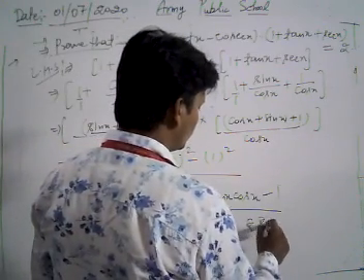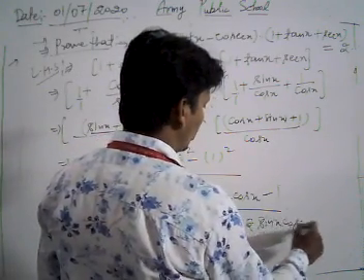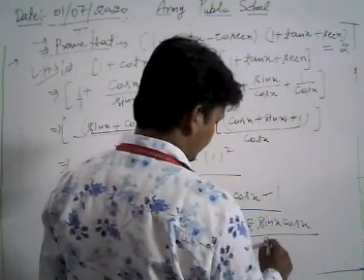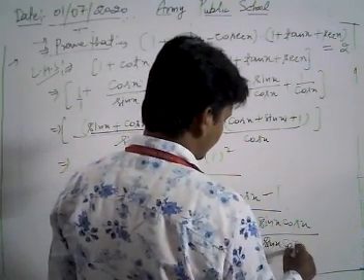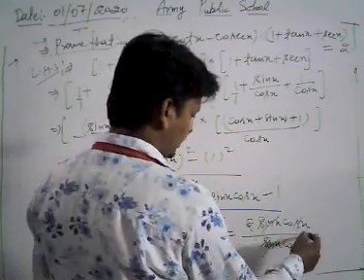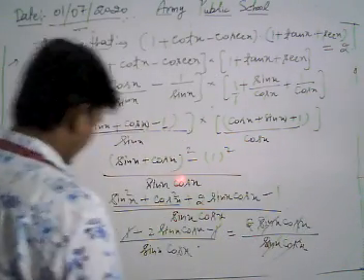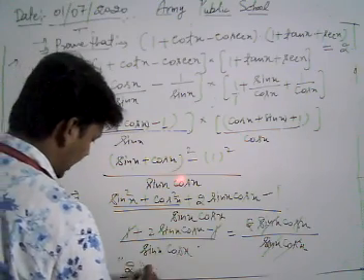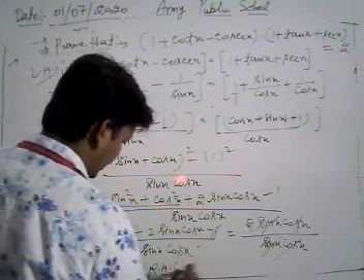2 sin x cos x upon sin x cos x. So sin x cancels, cos x also cancels. So we get 2, which is the RHS. Hence proved.